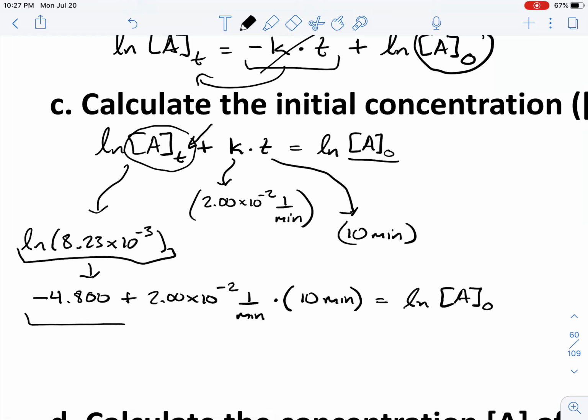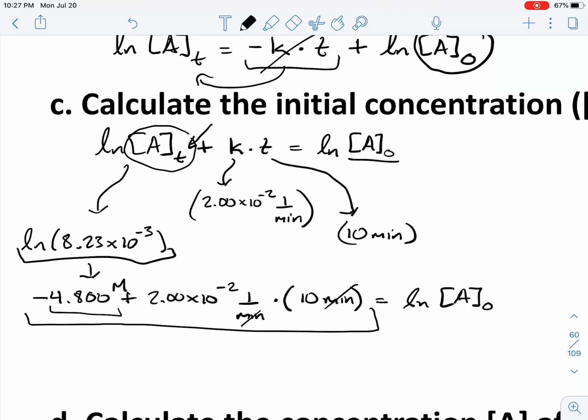Okay. And so if you guys put this into your calculator, well, first and foremost, notice that the units for minutes will cancel. And let's see here. We know that this value here is going to have concentration units.